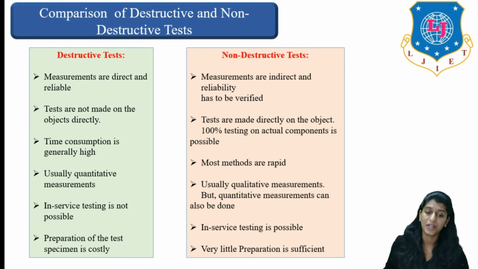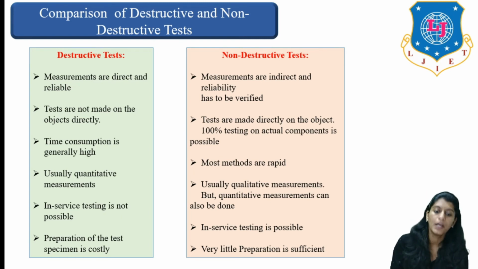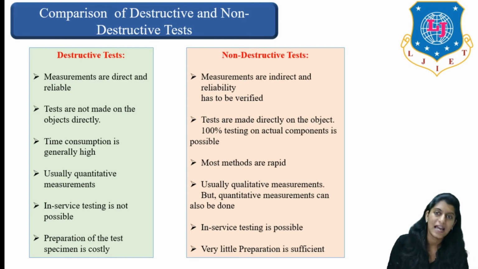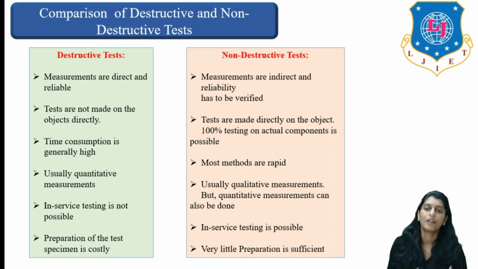In case of destructive method, tests are not made on the object directly, whereas in case of non-destructive method, 100% tests are done directly on the object. Destructive methods are time consuming, whereas non-destructive methods are very quick and rapid. Usually quantitative measurement is given by destructive method, whereas qualitative measurement is much higher when we talk about non-destructive method, but they can also generate quantitative measurement if required, right?